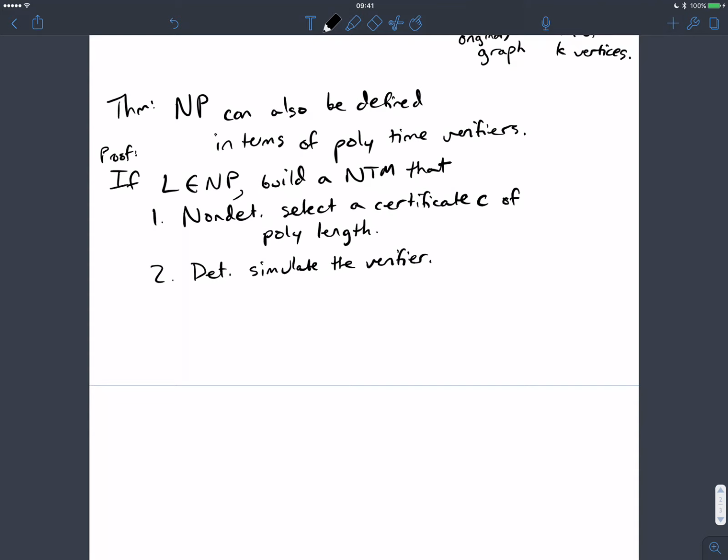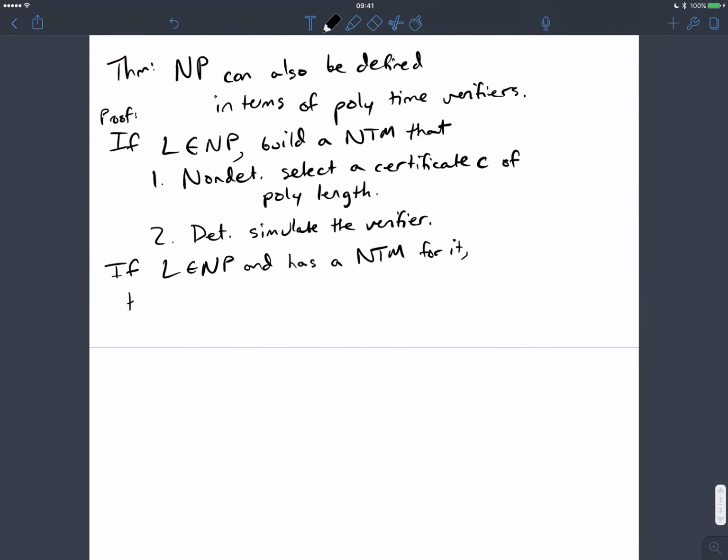So if L is in NP and has a non-deterministic machine for it, then let the certificate be the accepting computation history of that machine on W, or whatever the input is.